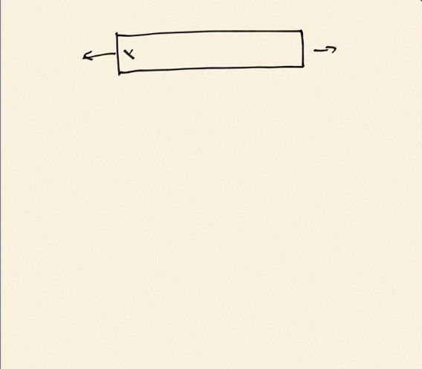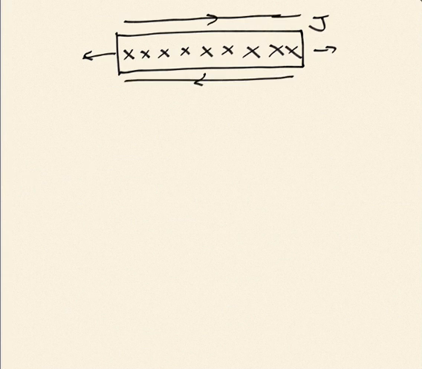We have some current that goes into the page everywhere in this slab. I'm just drawing it on the center line here, but this current fills the slab and is constant with value J, the current density. Based on the argument previously, the field is going to be going this way on top, and on bottom going this way.